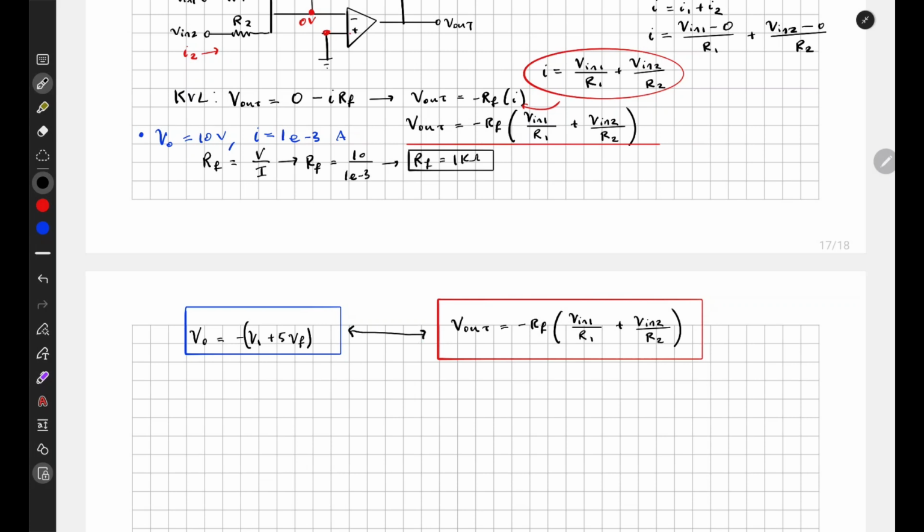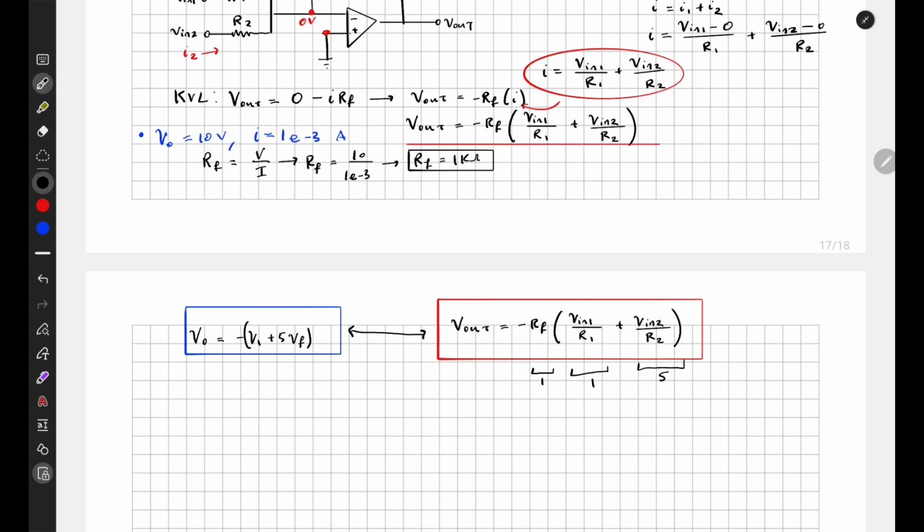So you can see that this is just the -1 on here, so comparing terms. And then this is also a +1 on here. And then this is a 5.